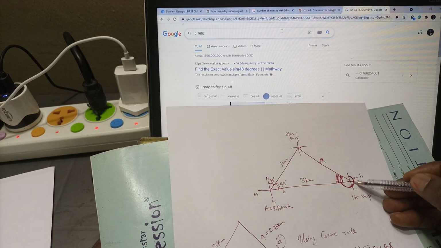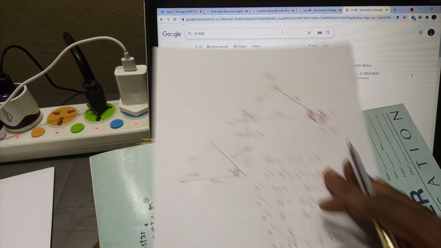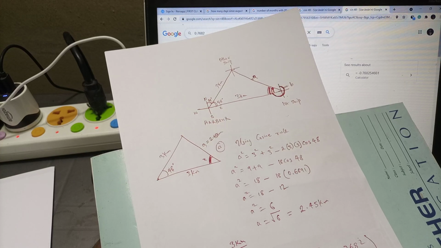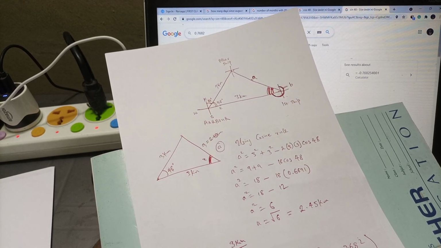So the bearing will now be 270 plus S, which is 270 degrees plus whatever S is.